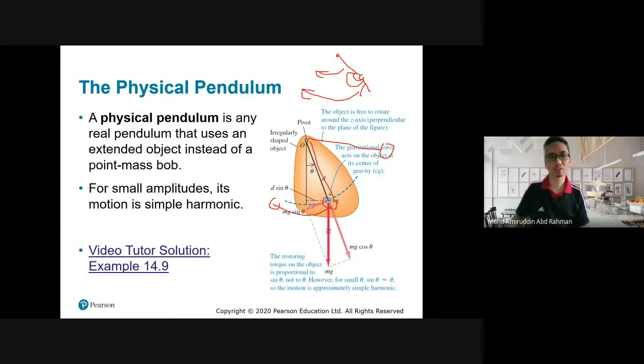When you swing back and forth, your motion at this location, somewhere around here, is simple harmonic. But when you are at a very high amplitude from here, the graph will look something like that.